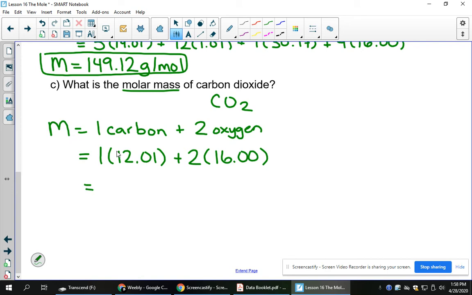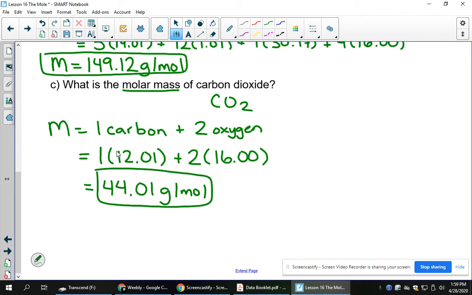Add them up and you get 44.01 grams per mole for carbon dioxide. Very important that you put the proper units. There's no excuse not to put the proper units because they're right in your data booklet. We don't even expect memorization. We expect you to be able to use the tool that we're providing, which is the data booklet.